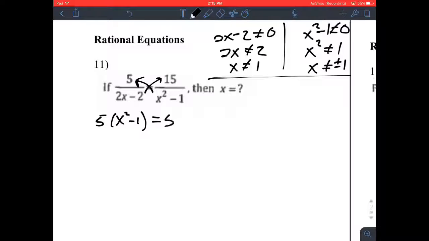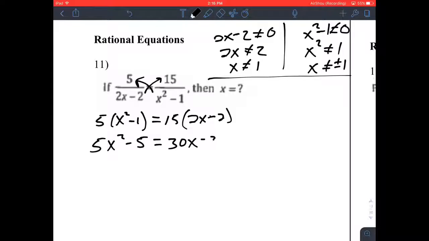That's equivalent to getting 15 times the difference of 2x and 2. If I use the distributive property, I'm going to get 5x squared minus 5 on the left. On the right, I'm going to get 30x minus 30.